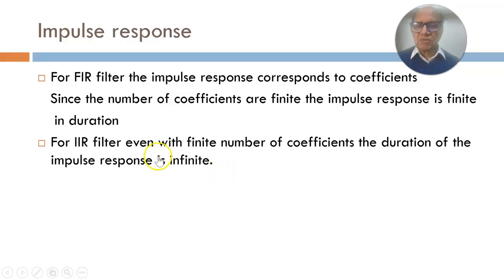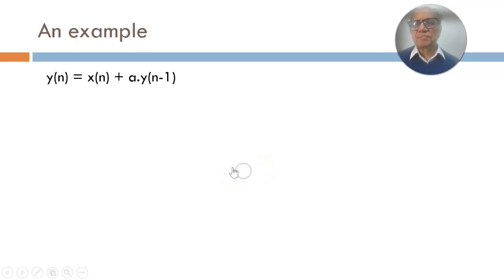So this is quite different from the FIR filter, where since the number of coefficients is necessarily finite, the impulse response is also finite. With IIR filters, even when the number of coefficients is finite, the duration of the impulse response is infinite. Let us show this by using a simple example.